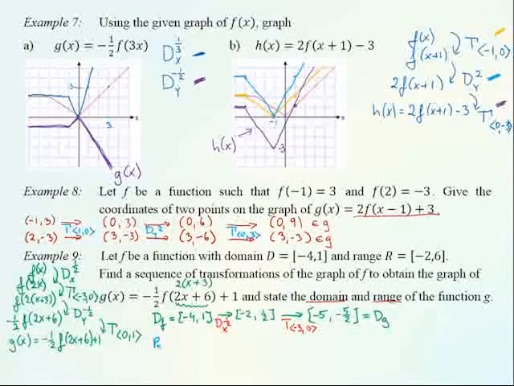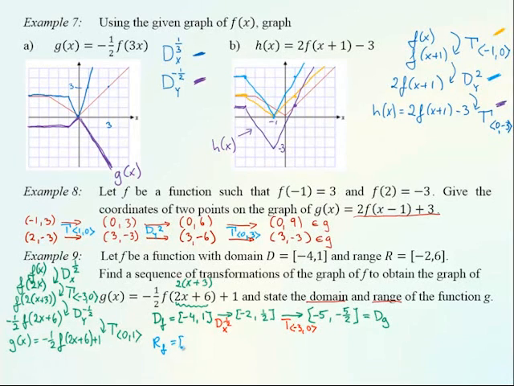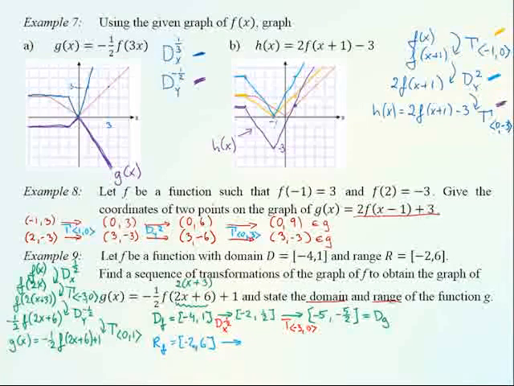Let's do the same with the range. So range of f function, it was given as negative 2, 6. And the first transformation that actually applies to range is not this one, not that one, but dilation in y by negative 1/2.